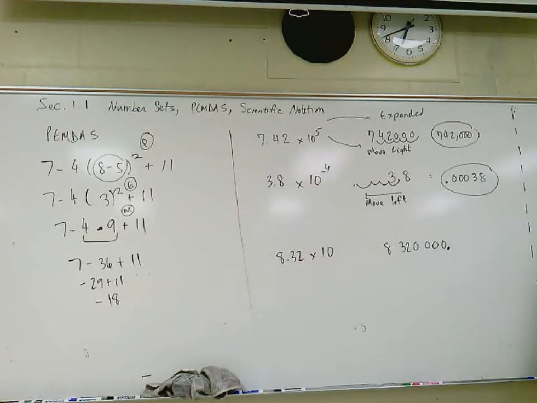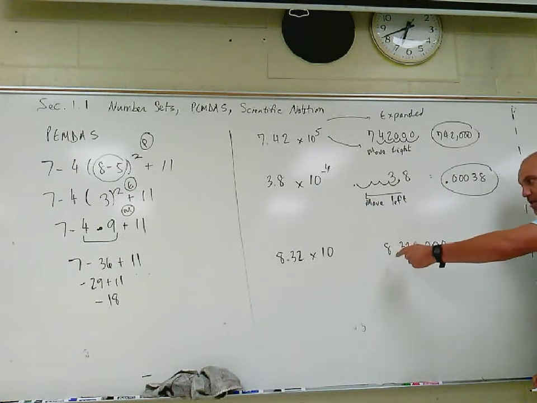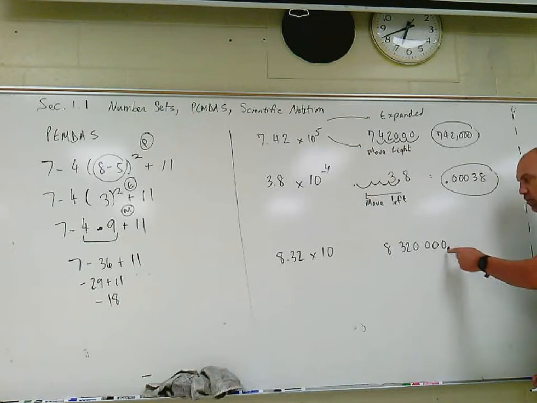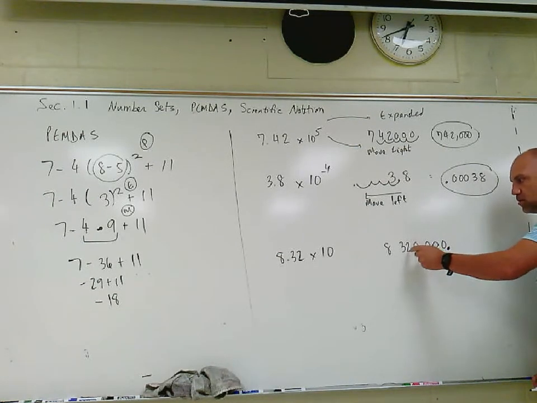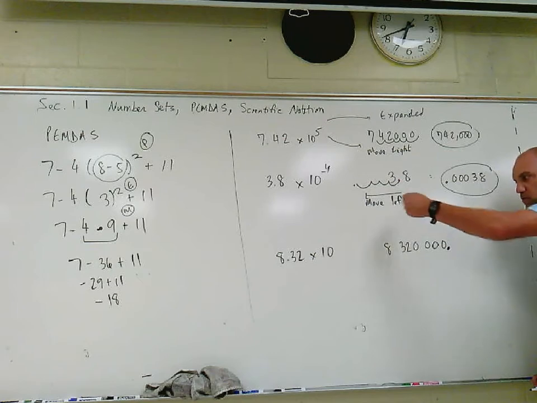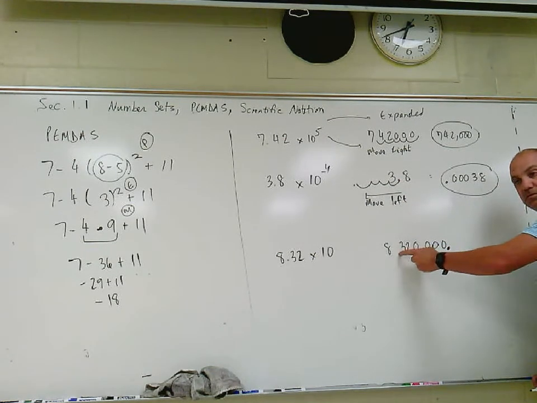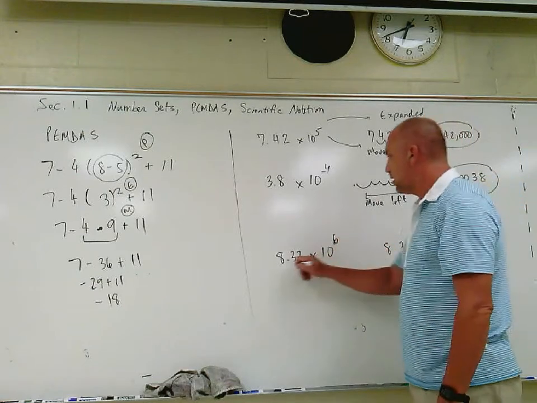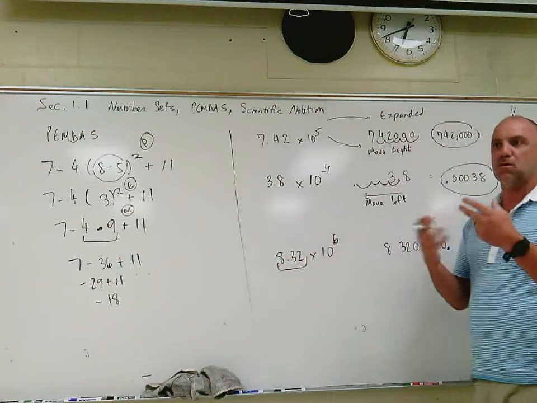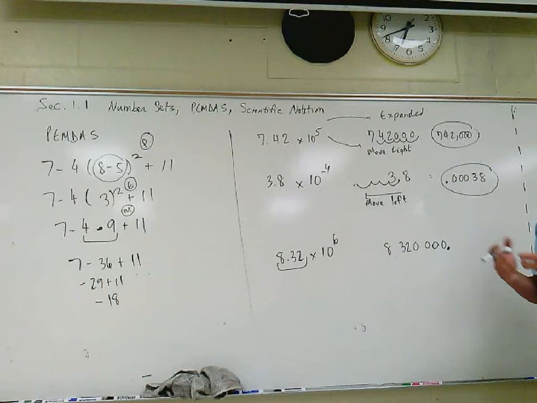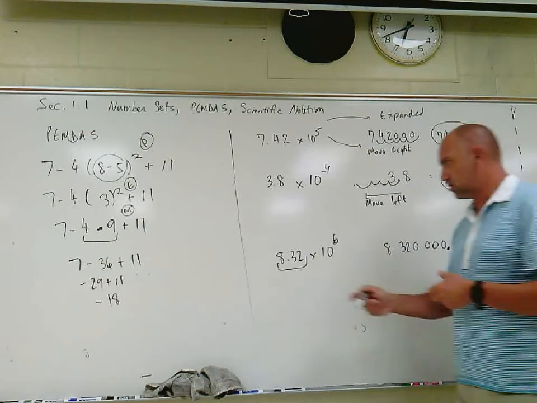The question is, is it going to be a positive number or a negative number? Positive, because you know it's a big number here. It had to move this way. So I just go back to see how many places it moved, but I know it's going to be positive. So it's 1, 2, 3, 4, 5, 6. This number in front in scientific notation is always a number between 1 and 10. Okay? So here's how you do that.